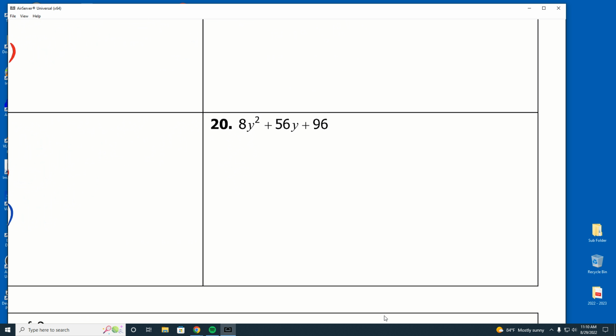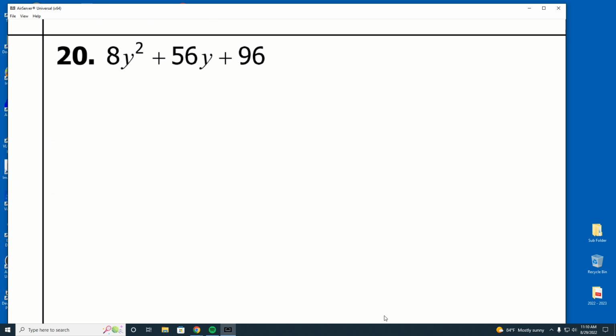Sometimes, guys, please don't forget, you could waste a lot of time trying to factor a problem like number 20 because we always, and I haven't said it a single time through any of these, we always forget to check what? Greatest common factor. Now, luckily, none of the ones we've done have had one. But if I go into factoring this, I'm just wasting a ton of time because notice, can you pull something out of 8, 56, and 96?